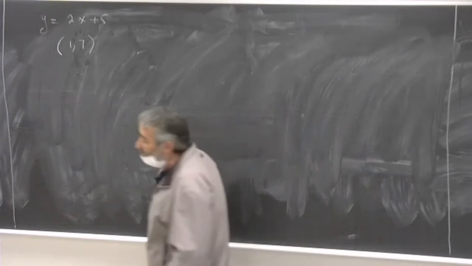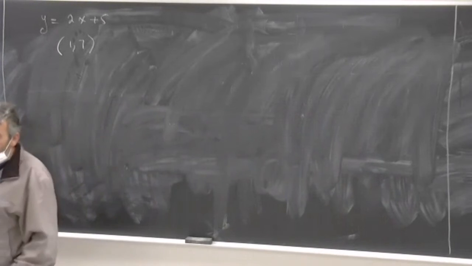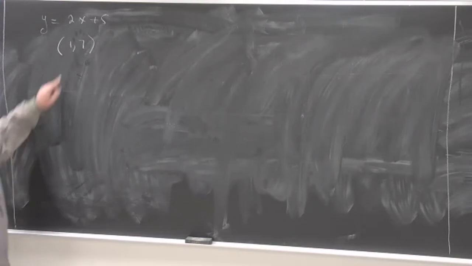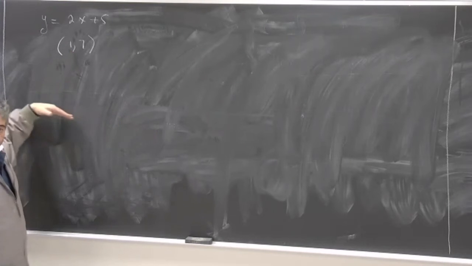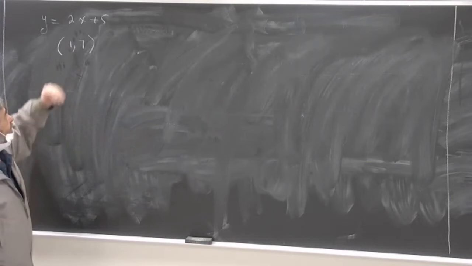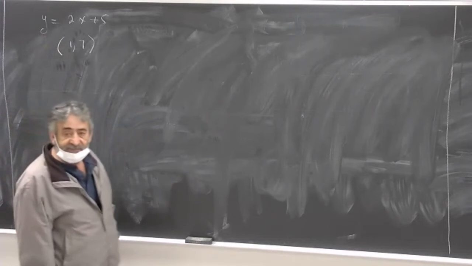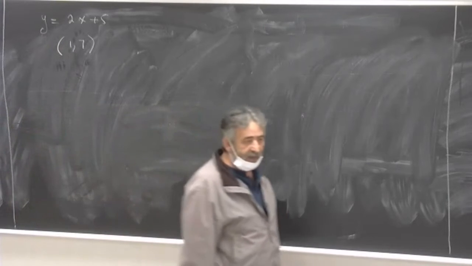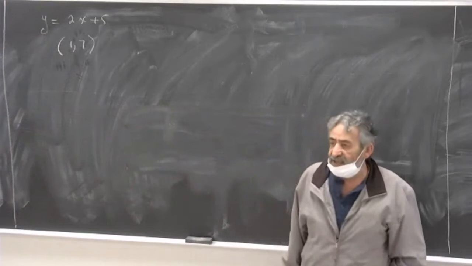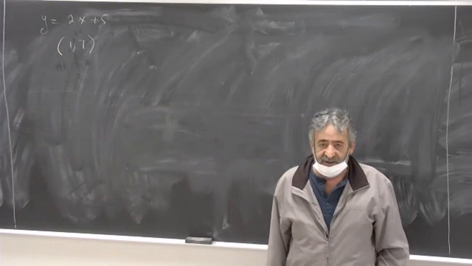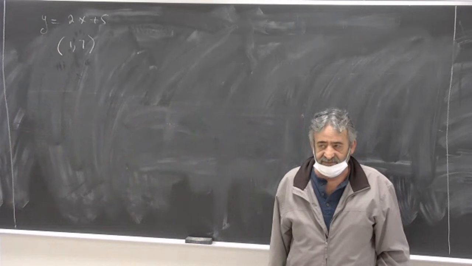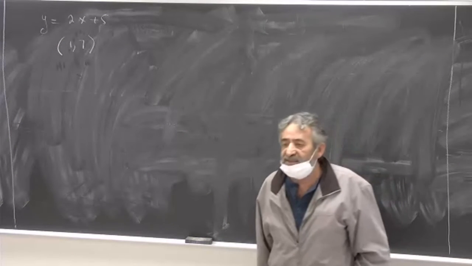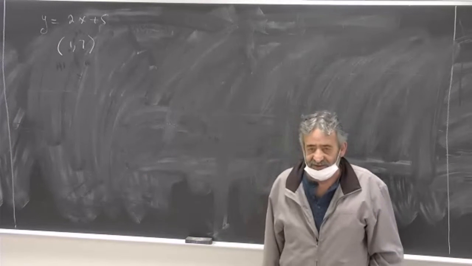Let's see, how do I substitute? Well, remember, we said the first number is for which one? For the horizontal. In terms of x and y, x is always given as the horizontal, unless it's specified otherwise.